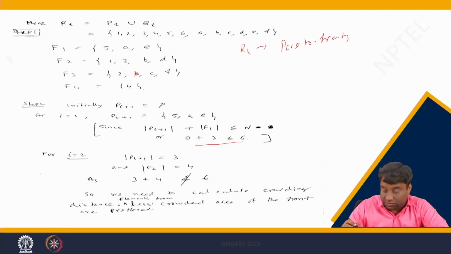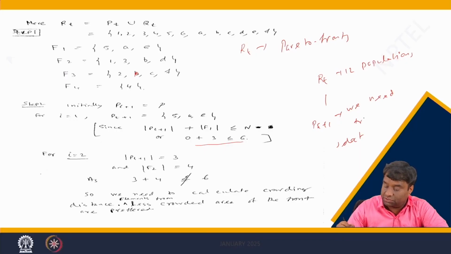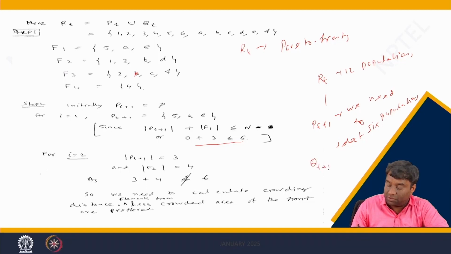As you have seen, in RT there are 12 populations. For the next step, P t plus 1, we need to select 6 populations, and another 6 will come from crossover and mutation, from Q t plus 1.